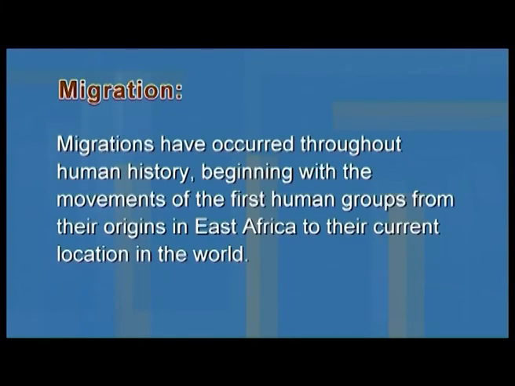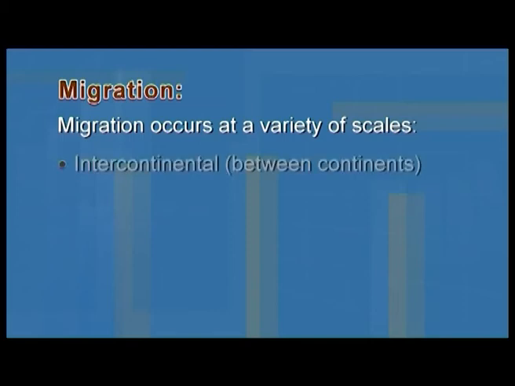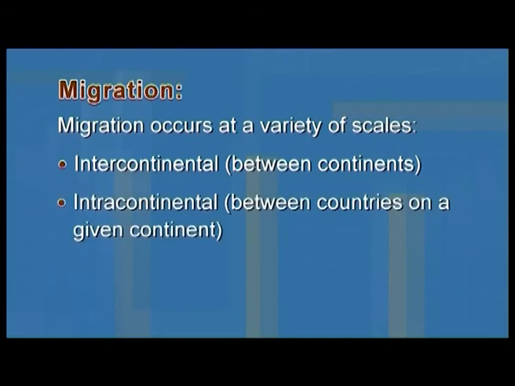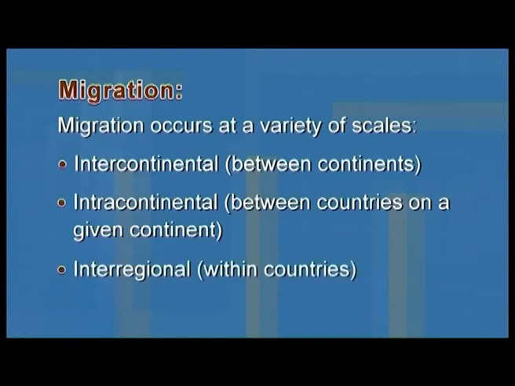Migrations have occurred throughout human history, beginning with the movements of the first human groups from their origins in East Africa to their current locations in the world. Migration occurs at a variety of scales: intercontinental, between continents; intracontinental, between countries on a given continent; and interregional, within countries.